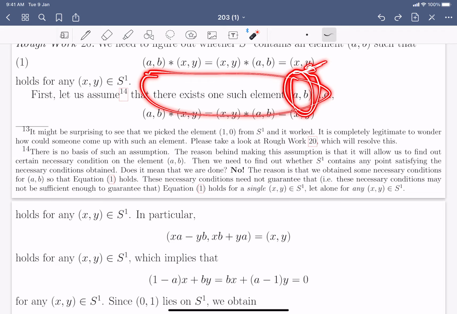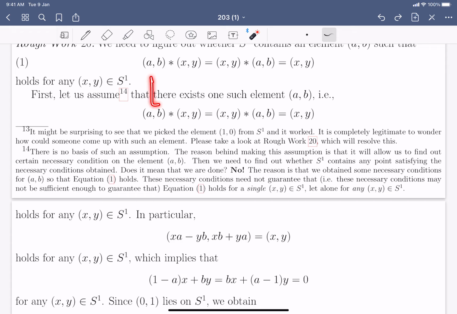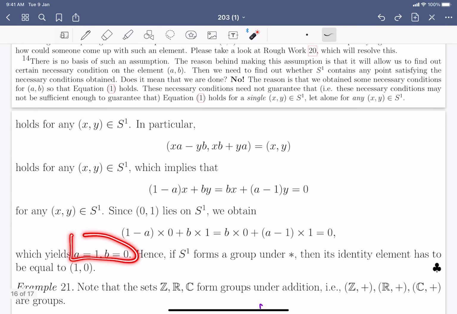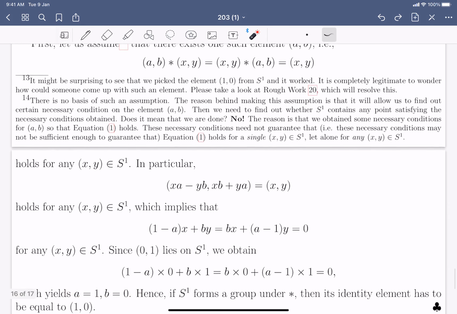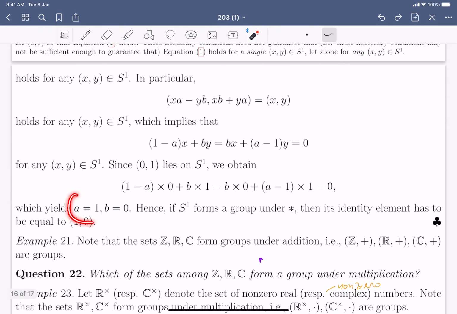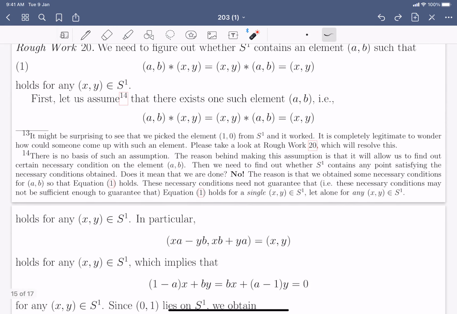It does not guarantee that there is such an element. Let me repeat. If we assume that there is one such element and then deduce some necessary conditions for A and B, it does not guarantee that there is one such element (A, B) satisfying this condition, because we have deduced these necessary conditions only under the hypothesis that there is one.